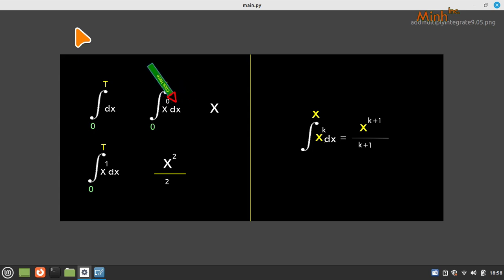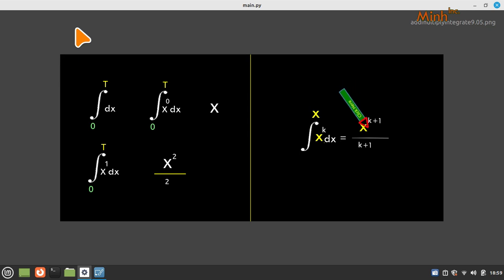Now the constant is 1, so only x, and here x squared by 2. With this we come to a conclusion: if it is x to the power k dx, then it is x to the power k plus 1 by k plus 1.